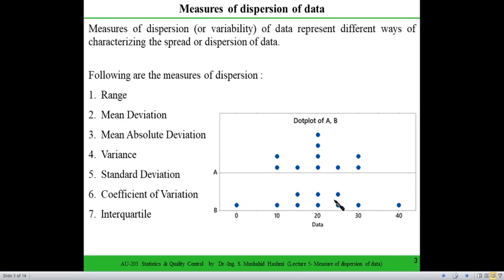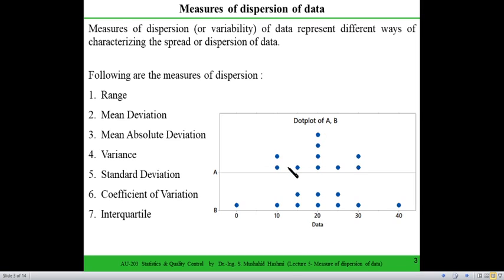So let's say we have two data sets. For example, data A has a central tendency toward 20, and data B also has a central tendency toward 20, but it is much more spread out than data A. So we can say from this dot plot of the two data sets A and B that data B has a wider spread or variability compared with data set A, and data set A is more towards the central data point, that is the 20 value.